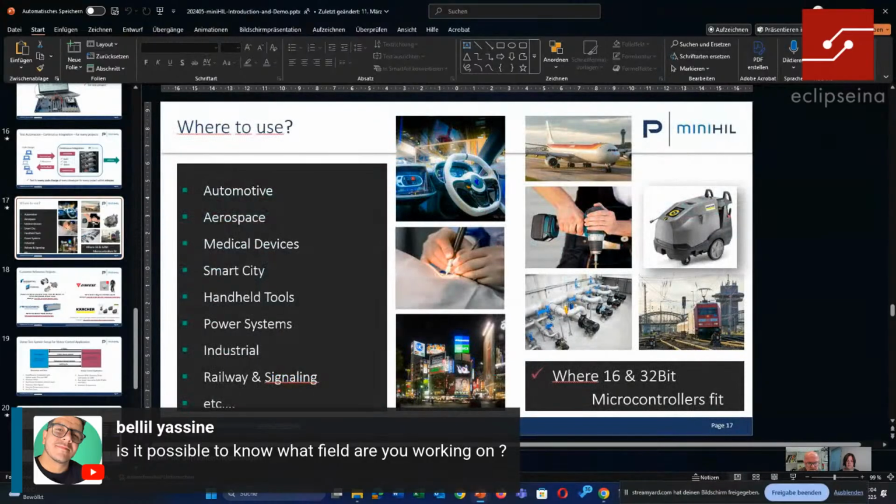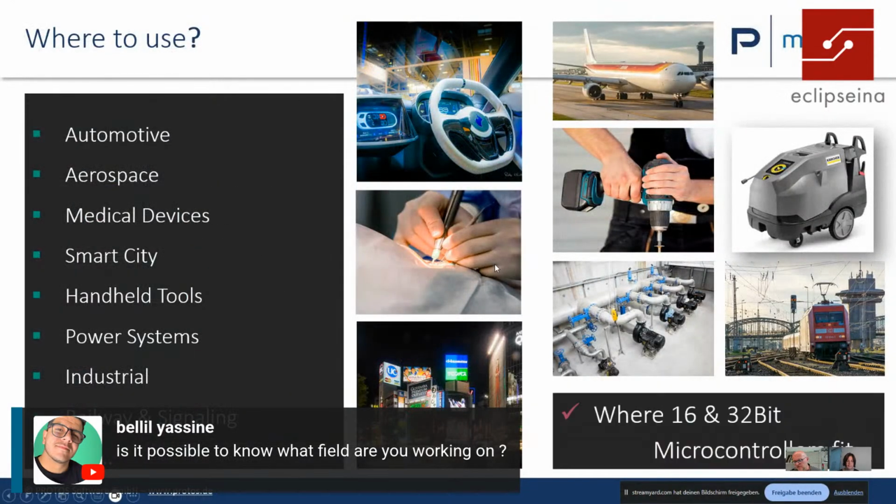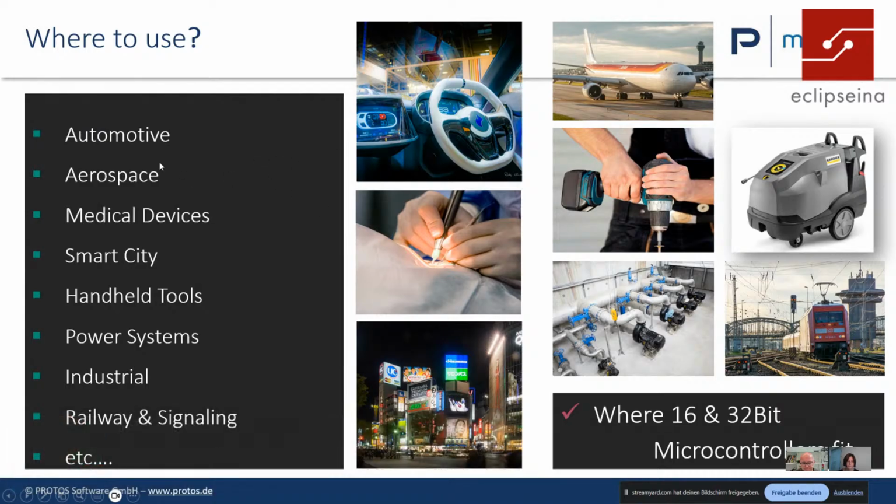Okay. So basically, we have customers in all fields of industry. All the domains you can imagine, and it's pretty much distributed over all the industries. So there is no specific focus on automotive, as you might think in Germany.